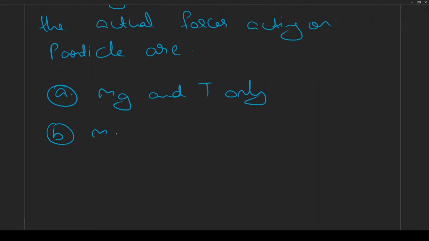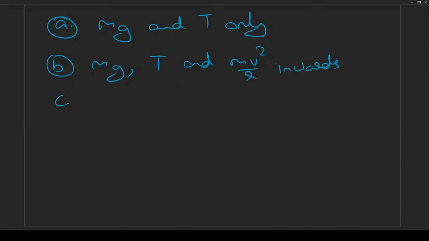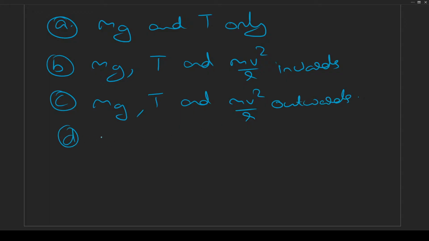B, mg, T and mv square by r inwards. C, mg, T and mv square by r outwards. D, T only, mv square by r inwards.